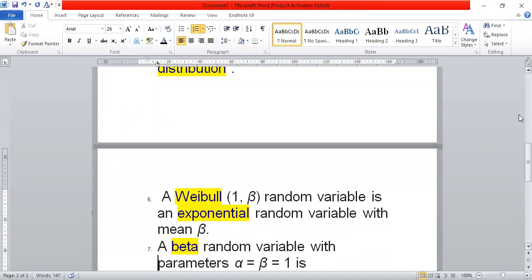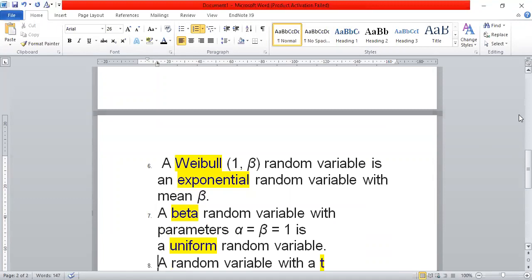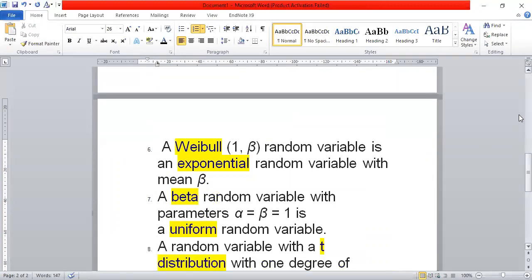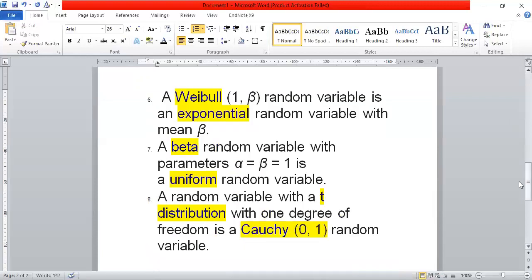A beta random variable with parameters alpha equal to beta equal to 1 is a uniform random variable, again equal to 1. Most of the distributions have a special case with 1. A random variable with a t distribution with 1 degree of freedom is a Cauchy.